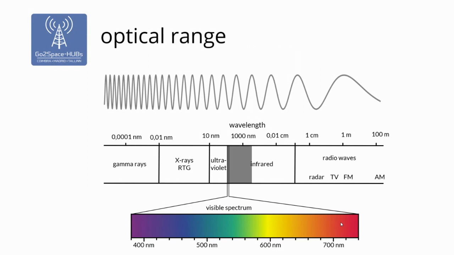First, we start with the optical range. Sometimes we call it visible plus infrared, VISIR. So this is the visible spectrum, but also some part of the infrared spectrum as well.